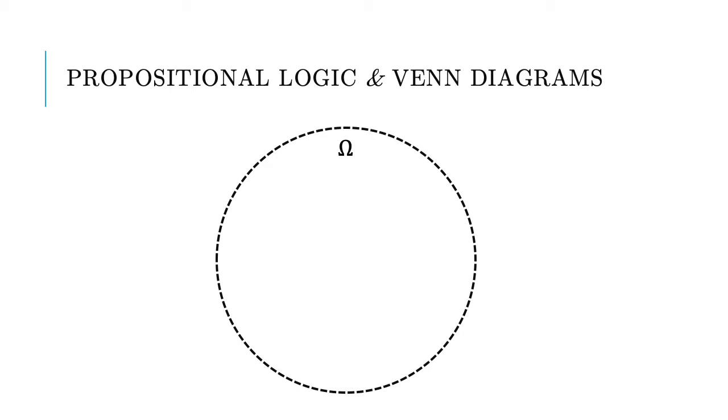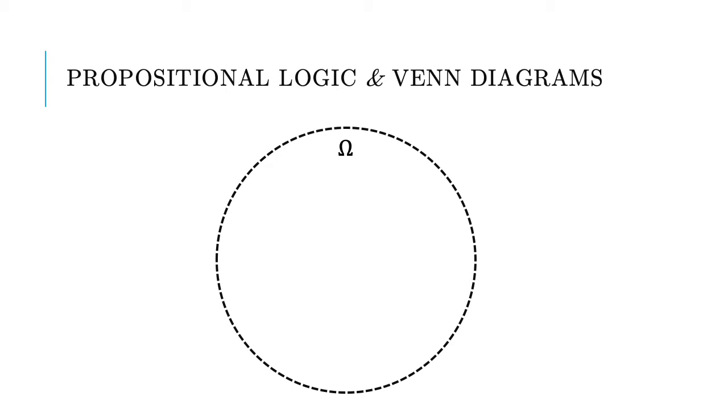This is denoted by the symbol omega for the sample set. You can imagine that this is all ways that a die could come up, 1 through 6, all ways that a coin could come up, heads or tails, all ways that an election could turn out, or all of the average heights that could be produced by a sample in a statistical context.